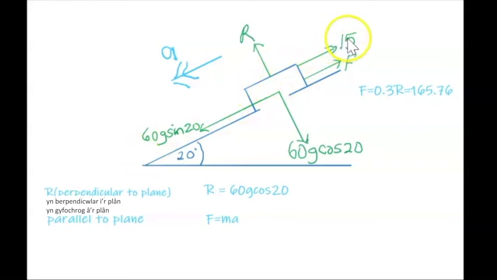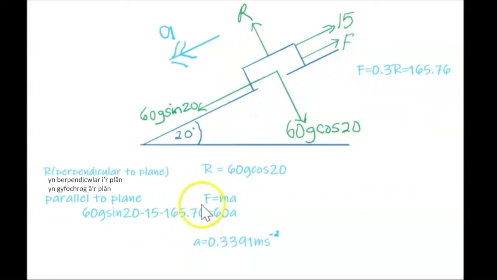The 15 and the frictional force are opposing this motion, so we can look at that in our equation. So m was 60, the acceleration is what we're finding, and the resultant force down the plane is the 60g sin 20 minus the 15 and minus F, which is 165.76. So if we divide all of this by 60, we get the acceleration is 0.3391 meters per second per second.